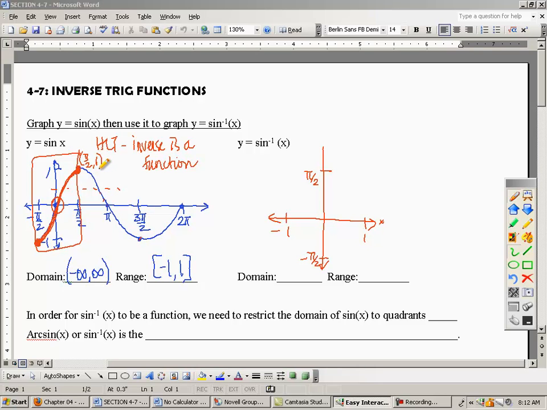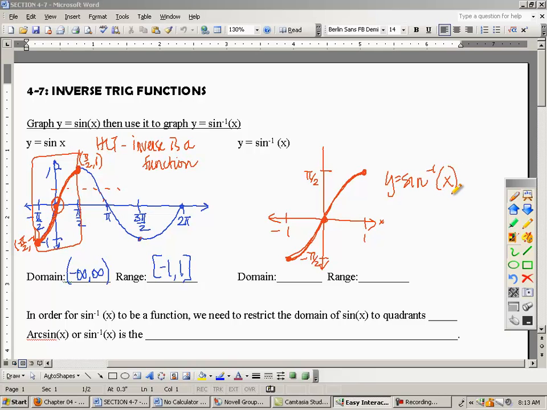Now the point's going to be 1, pi over 2. And then you have the point 0, 0, so I still have this point 0, 0. And you have the point -pi over 2, -1. So -1, -pi over 2. And this is then our inverse sine. So this is the graph for the inverse sine of x.